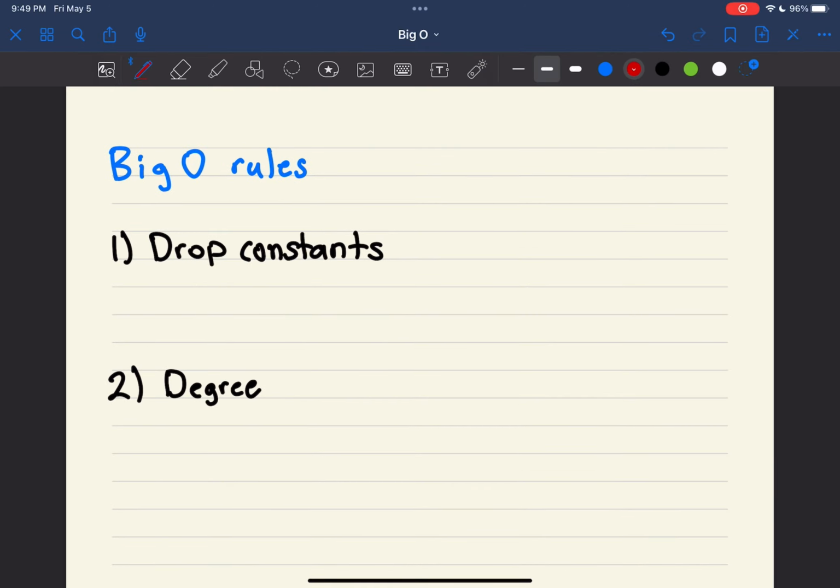We have two main rules for big O. We drop the constants, meaning that if we have 2 times O of n, we could just say that the big O of this algorithm is O of n. Or if we have 3 times O of 1, this is just O of 1.